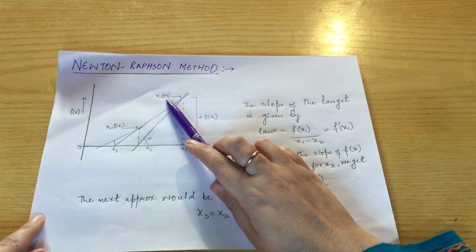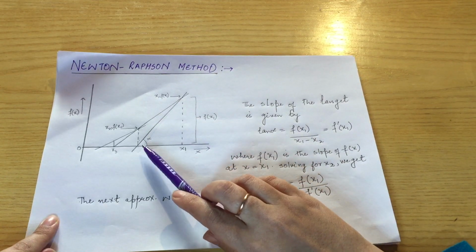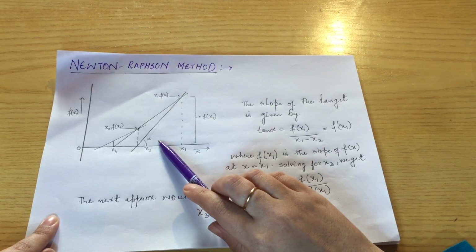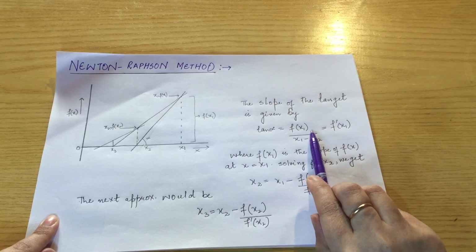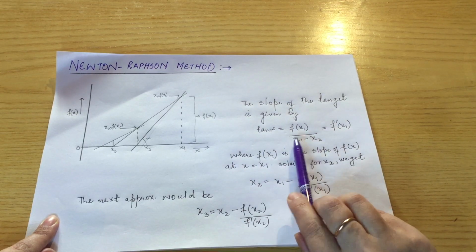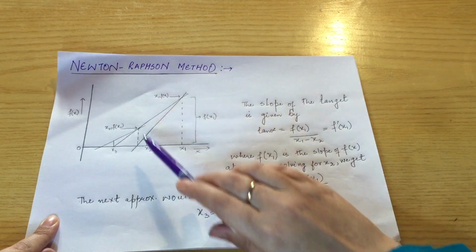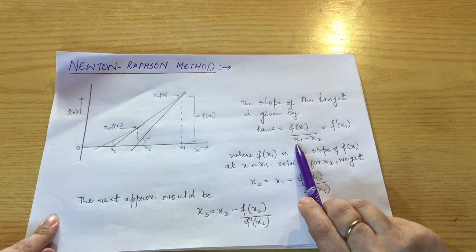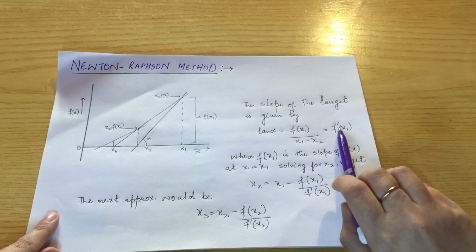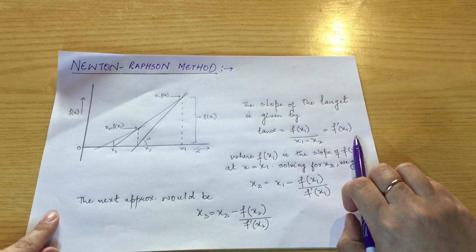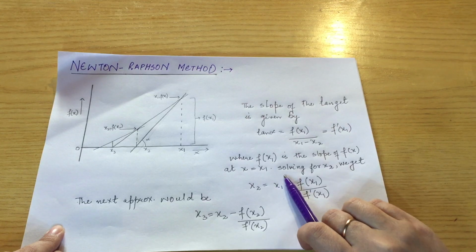Therefore this will be equivalent to f of x1 minus, here we have f of x2 as 0, so it will be f of x1 minus 0, so I am not writing the 0 here, and divided by x1 minus x2. So let us suppose this is equivalent to f dash of x1, where f dash of x1 is the slope of f of x at x is equal to x1, right?